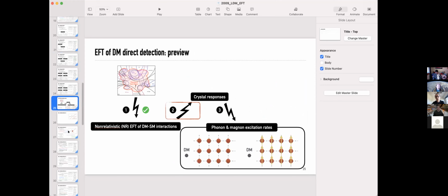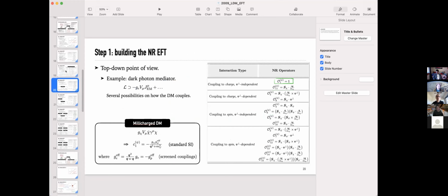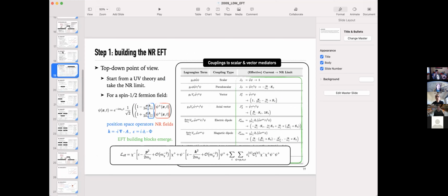Because in relativistic quantum field theory, we usually write the effective operator in position space. We're not writing it in momentum space. But here you write all the operators in momentum space, right? So you can write it equivalently in position space.